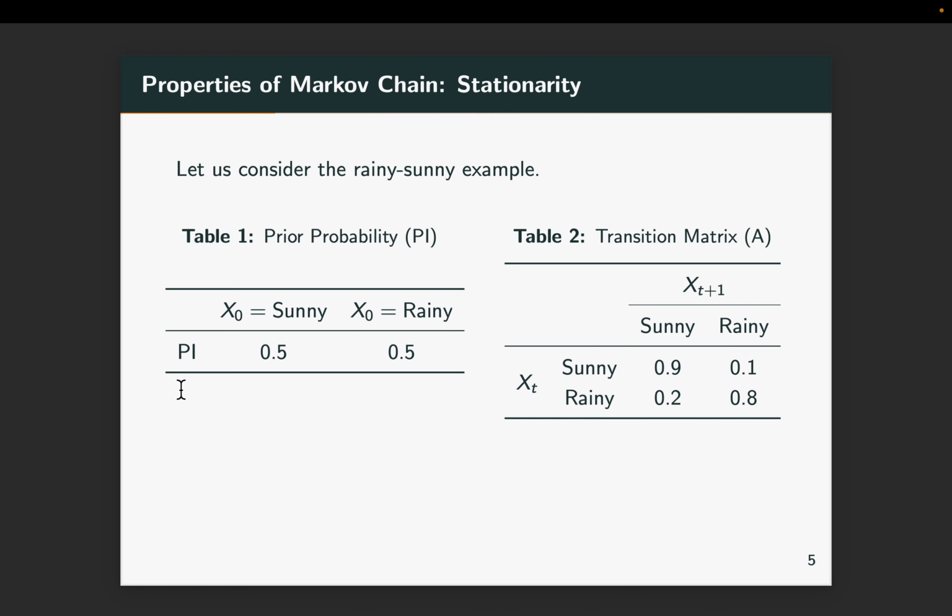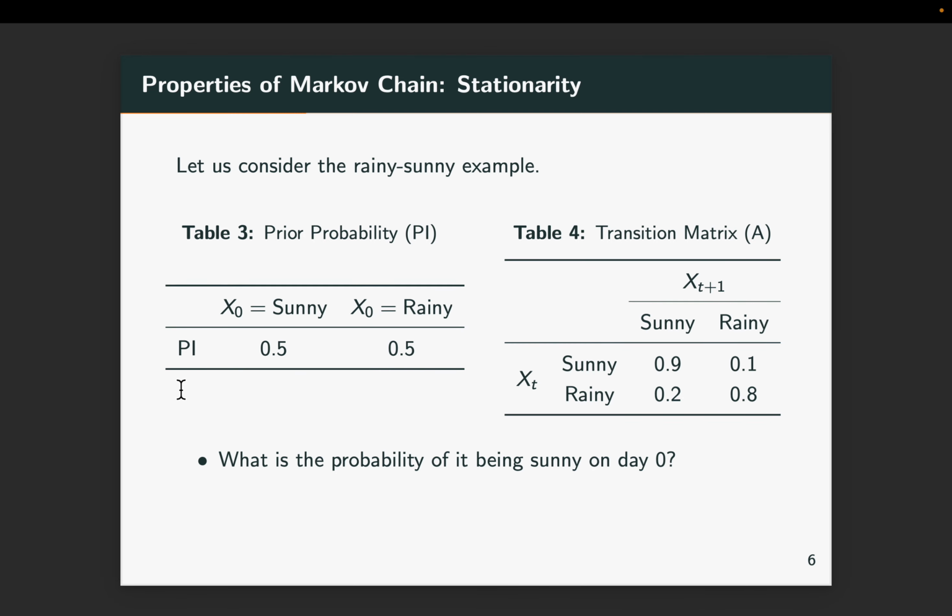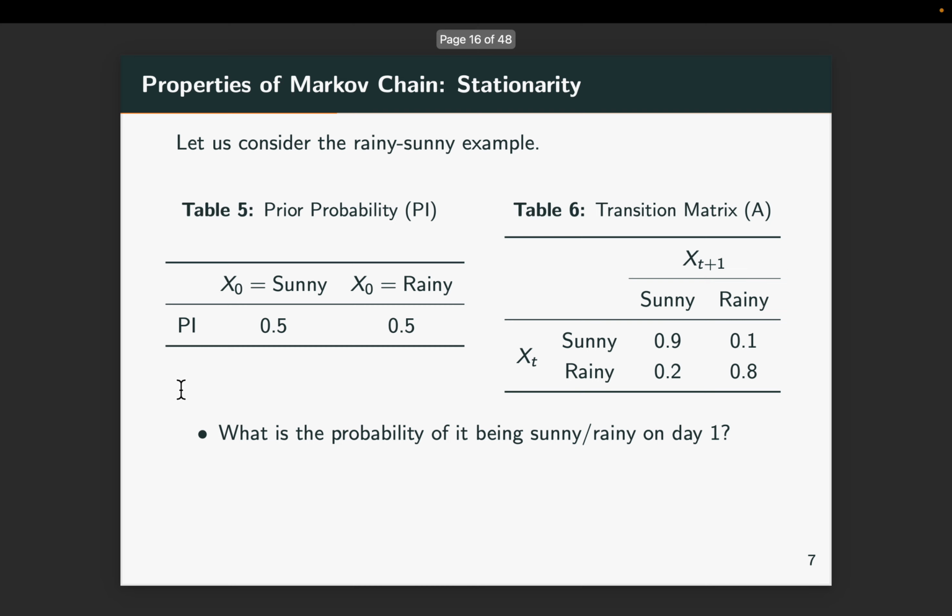Right. So now I will want all of you to work out certain things in your notebooks. This one is not very difficult. You don't need a notebook for this. What is the probability of the first day being sunny, or day 0 being sunny? 0.5. That is coming from the prior probability table. Okay, next question. What is the probability of it being sunny on day 1? Sunny or rainy on day 1.